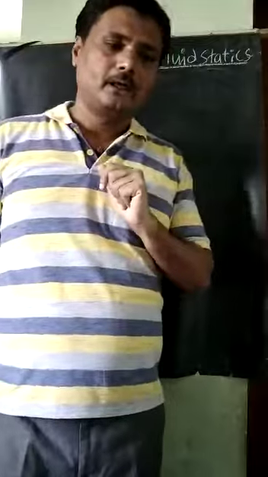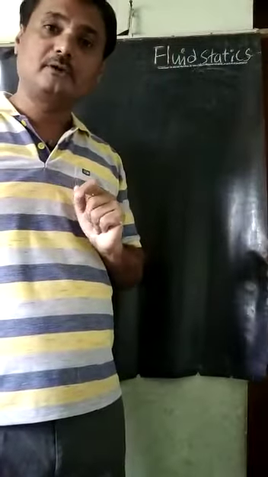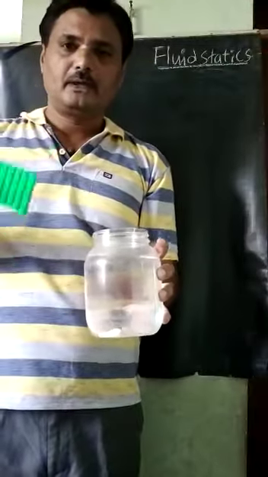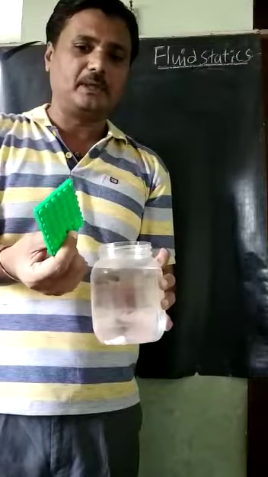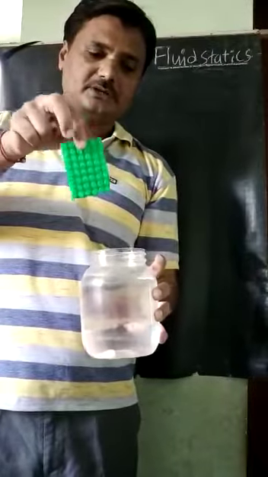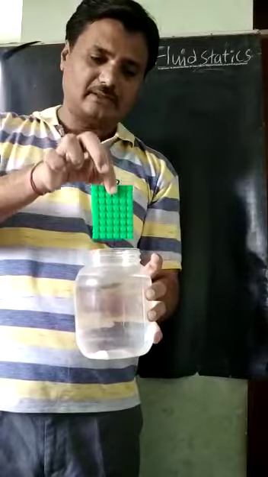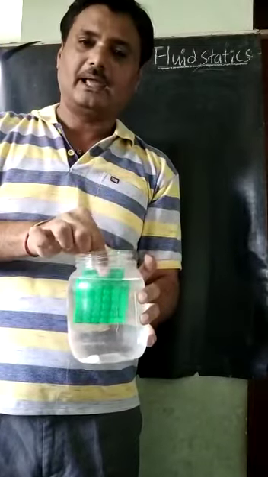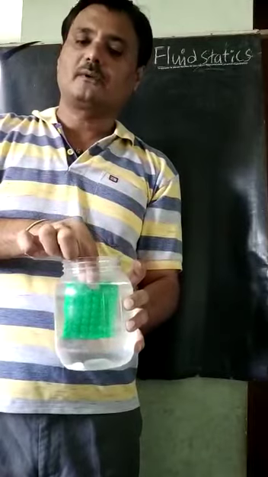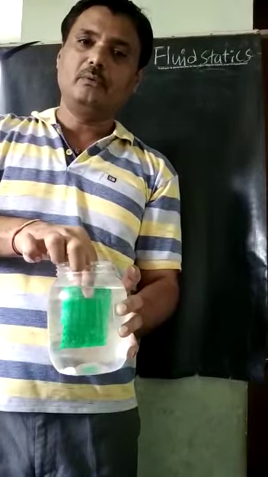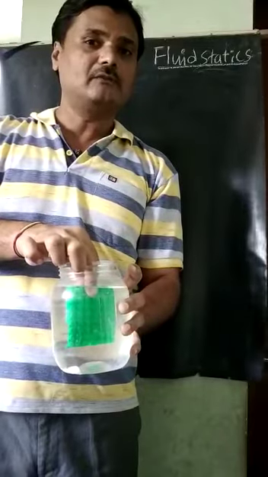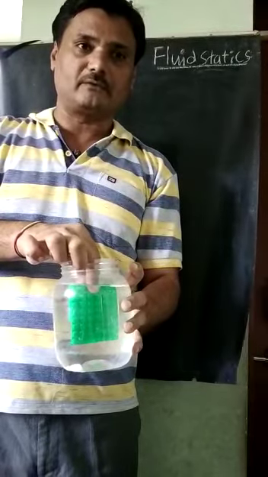First case, when that body is submerged vertically. For example, if this is the static fluid, this is the plane surface, it may be of irregular shape or regular shape. If it is submerged vertically like this, in this static fluid, the static fluid will apply continuous static pressure on this plane surface.